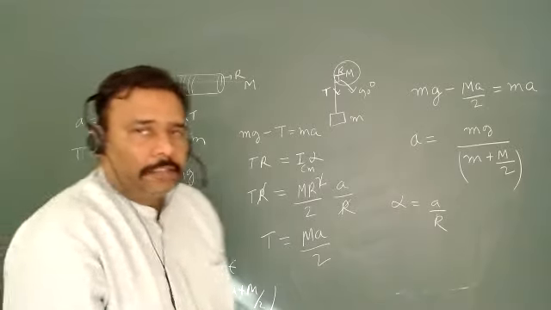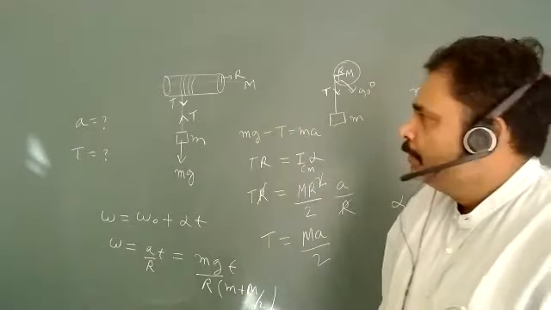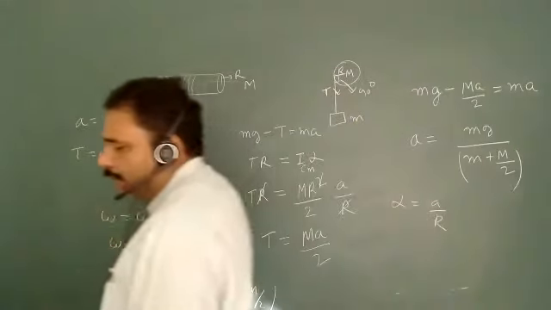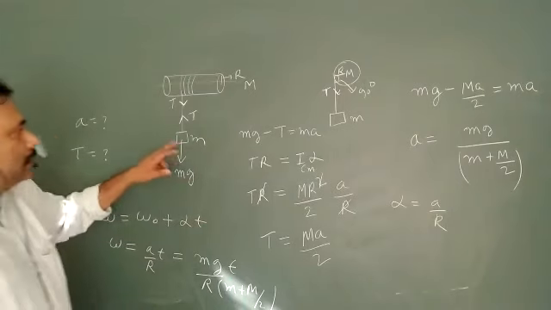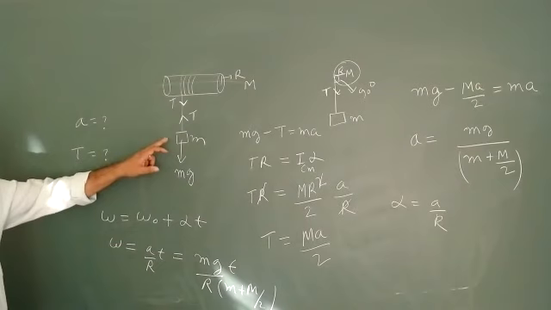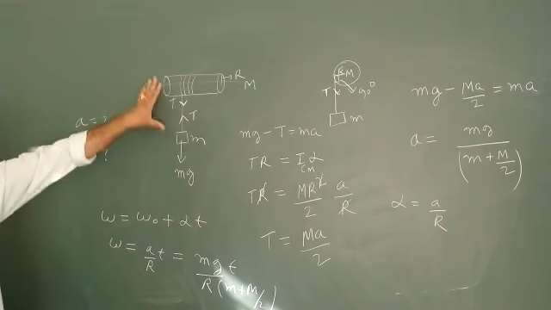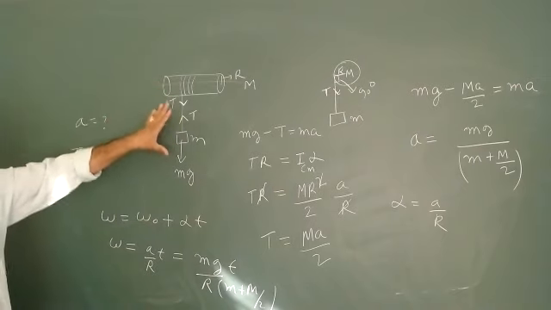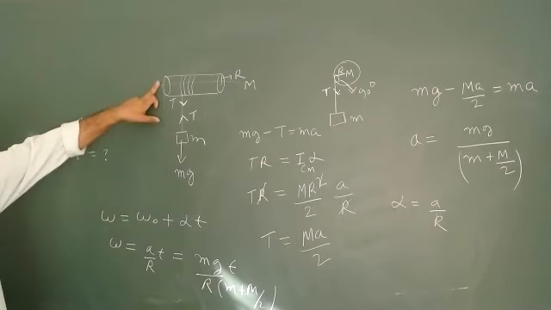Now, the main thing is that we have to calculate the kinetic energy. So what will be the kinetic energy of this particular mass? If you talk about the system, the kinetic energy is the kinetic energy of this and the kinetic energy of this.